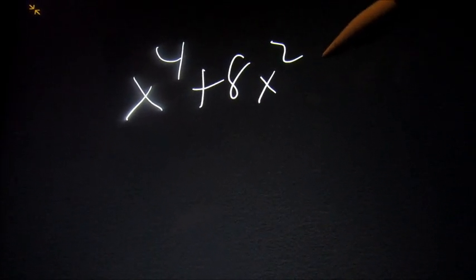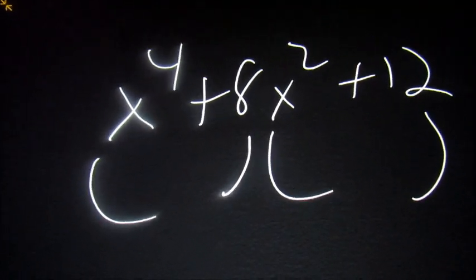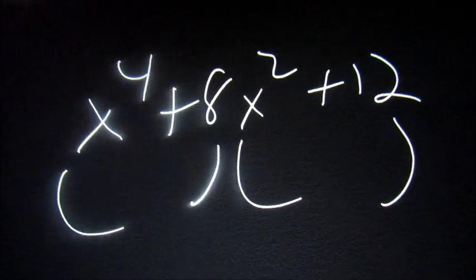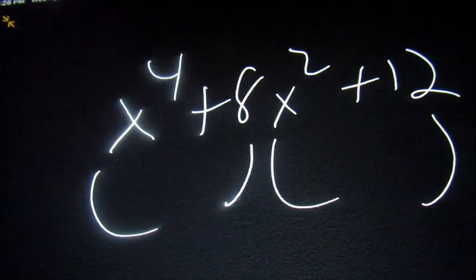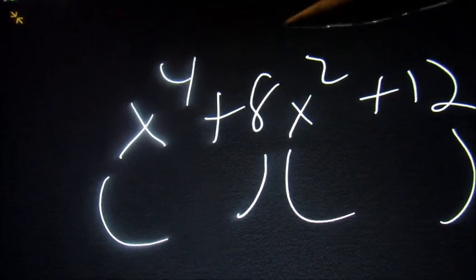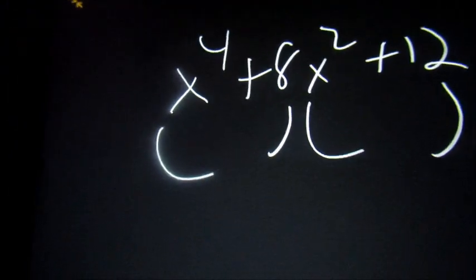Okay, then let's say that we have x to the 4 plus 8x squared plus 12. Okay, so when you have x to the 4 and x squared like this, we have to always have an even number for this exponent. The second exponent has to be exactly 1/2 of whatever this one is.